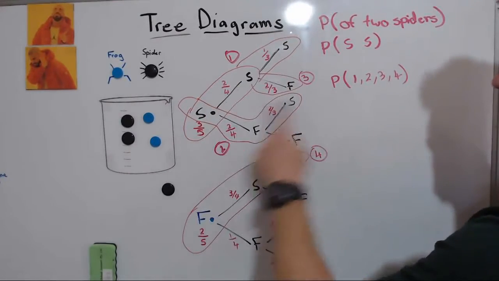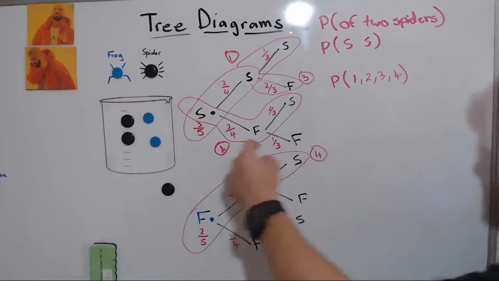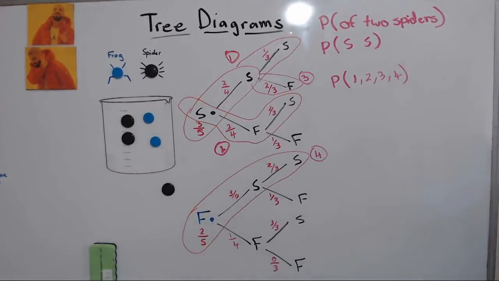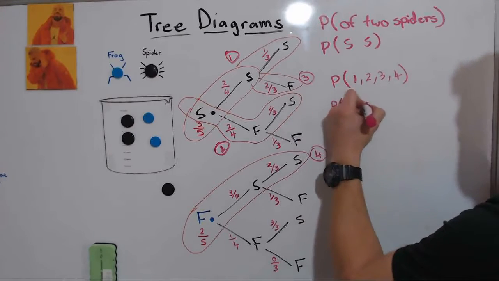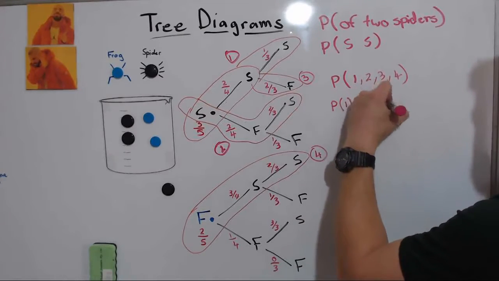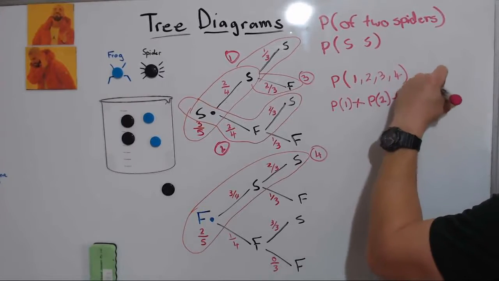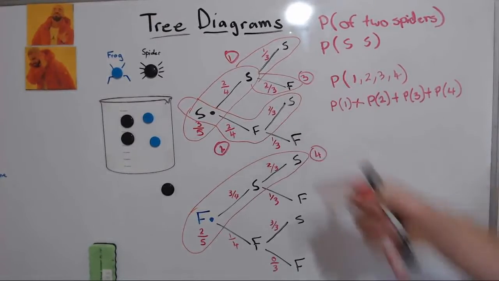But then option 2 is a different branch. This one is a different branch. So I add option 2 to option 1. So I can write this as the probability of option 1 plus probability of option 2 plus probability of option 3 plus probability of option 4. And now I can just calculate these individually.